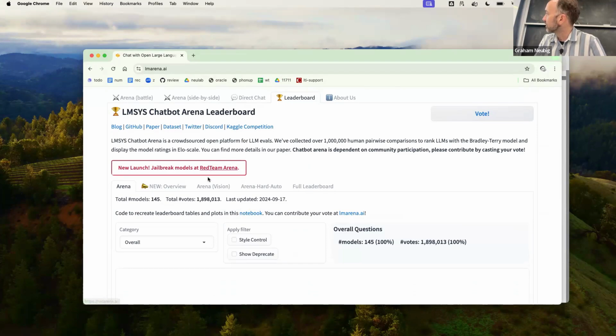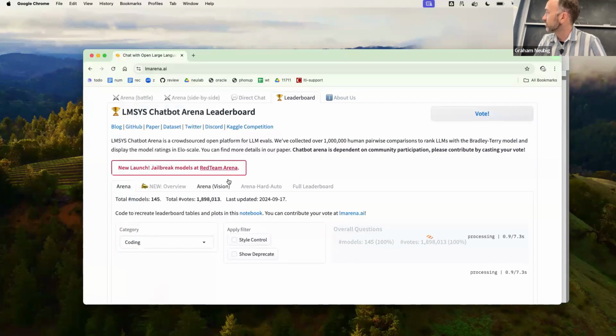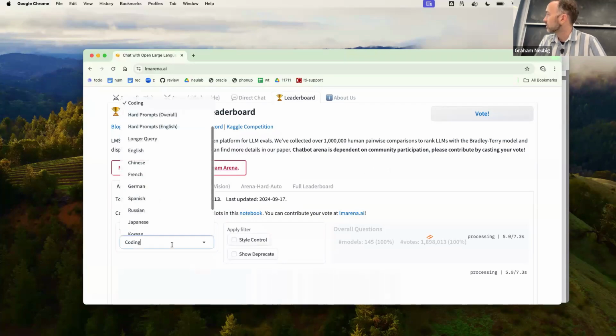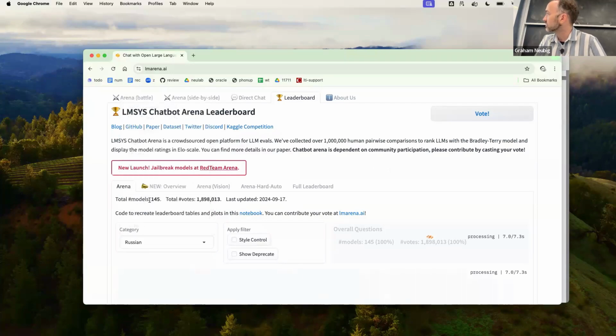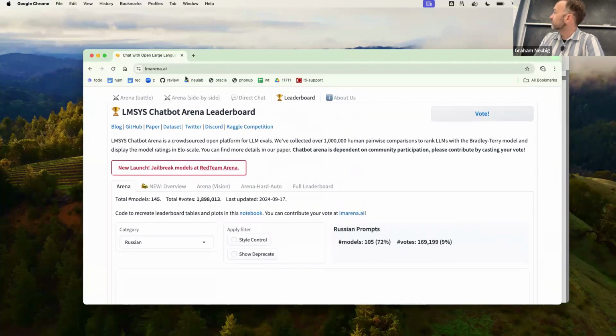And then they also have breakdowns by category. So if you want to find which one is better at coding, for example, you click on the coding one and you get a ranking specifically for coding, or if you want to find which one is good at Russian, you get a ranking specifically for Russian. So this is a great site.